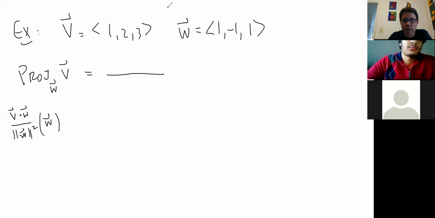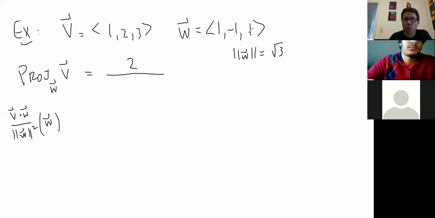So V dot W, that'll be 1 times 1, 2 times minus 1, and 3 times 1. If I did that correctly, that should be 2. So 1 and 3, and then the middle one is negative, so I get 2. The length of W is 1 squared, negative 1 squared, which is also 1 squared, so the length of W is square root of 3.